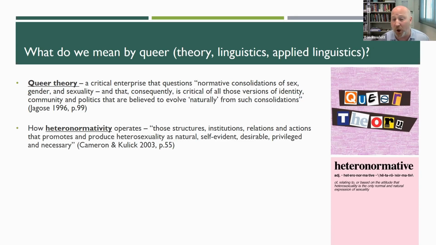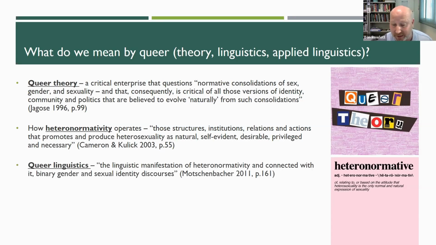So the focus is on normative consolidations. This definition by Jagose points to the more or less subtle ways in which heteronormativity operates. In other words, queer theory seeks to deconstruct those structures, institutions, relations, and actions that promote and produce heterosexuality as natural, self-evident, desirable, privileged, and necessary.